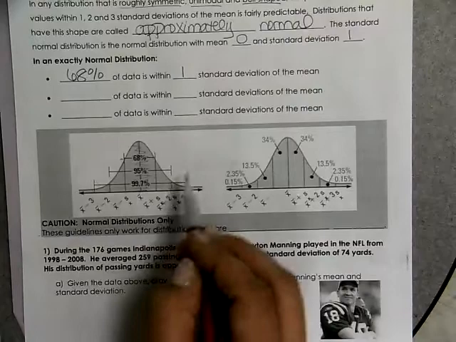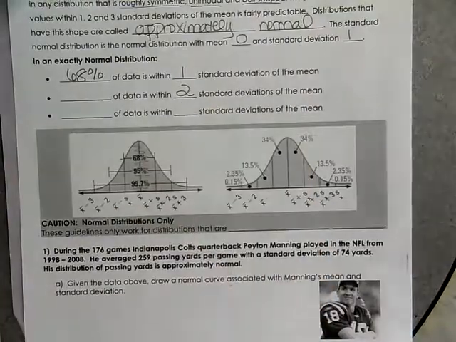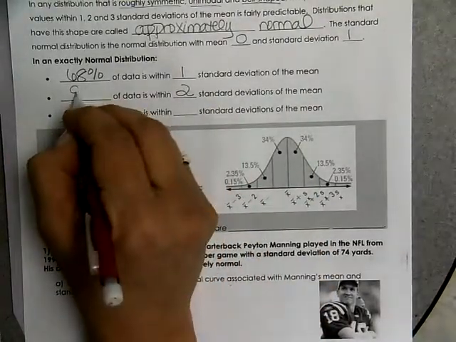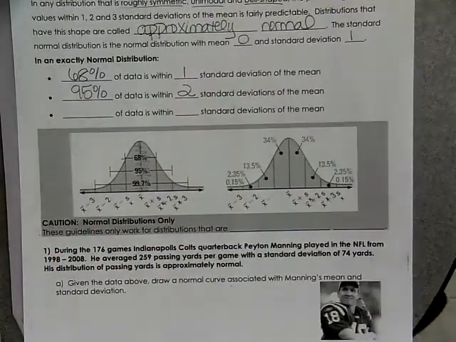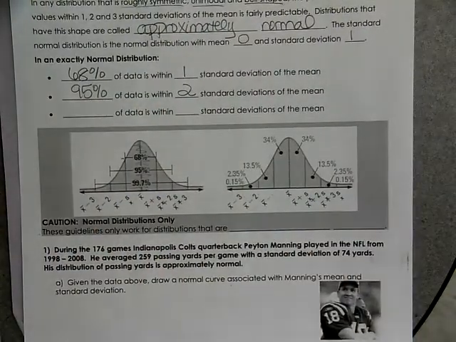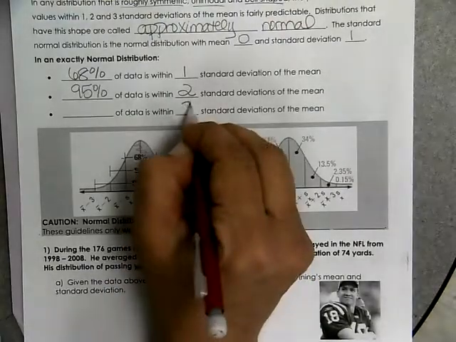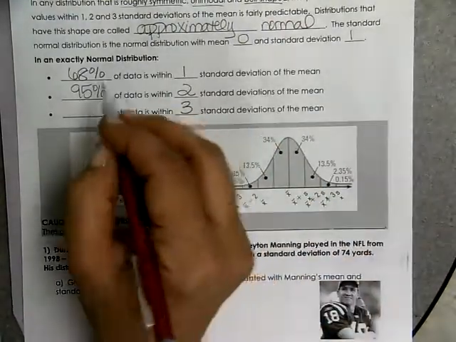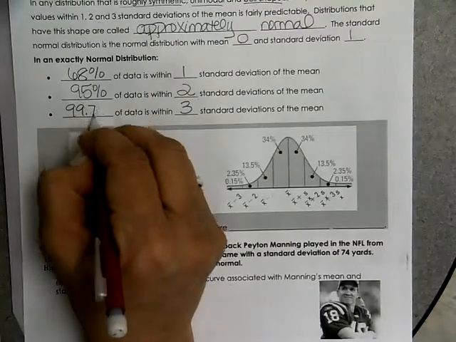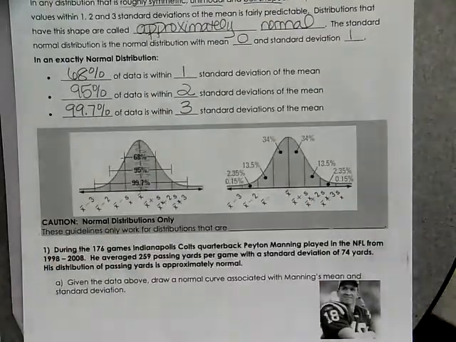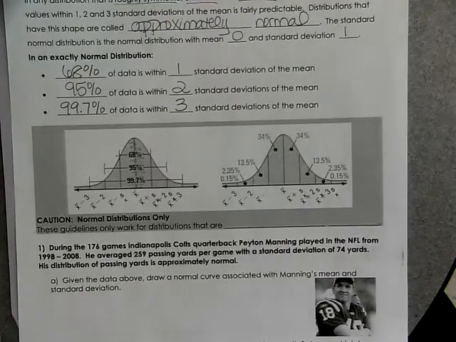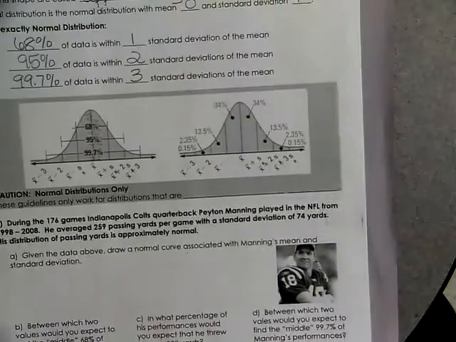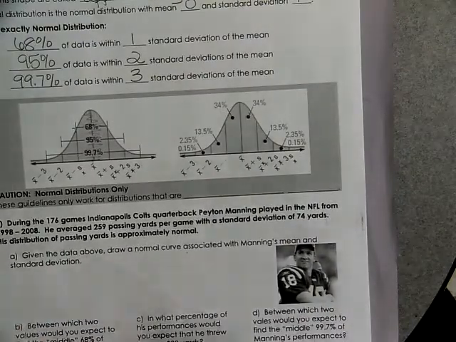So let's say that we moved to 2 standard deviations of the mean. That means that about 95% of data is within 2 standard deviations of the mean. And if we moved to 3 standard deviations from the mean, that's going to be about 99.7% of the data. I think this is the most helpful of the curves.